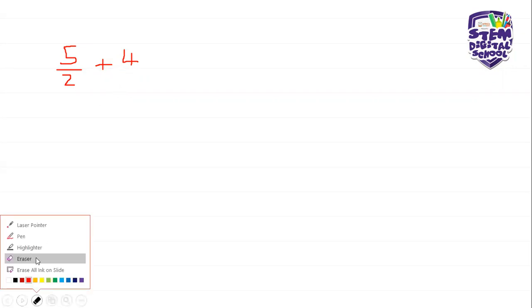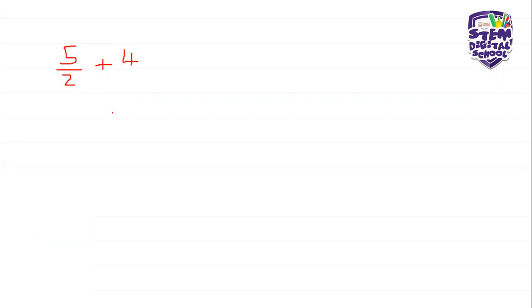5/2. I love my improper fractions. Plus 4/3. Let me get my two improper fractions here. And one method says, what we can do is get the lowest common multiple.